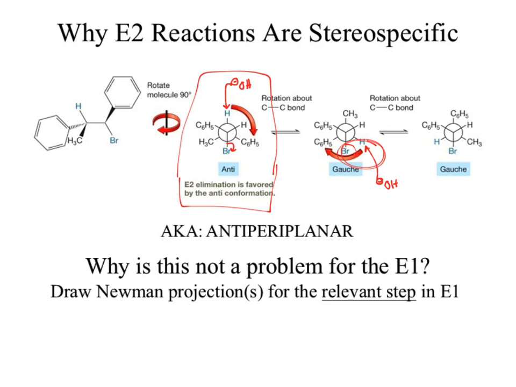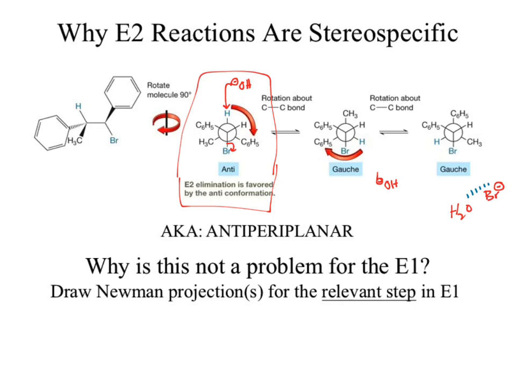Yeah, I was just concerned about the attraction of the leaving group and the hydronium ion. So what you're asking about is once it leaves, we would have H2O and Br minus, and you're wondering about that attraction. No, before that.